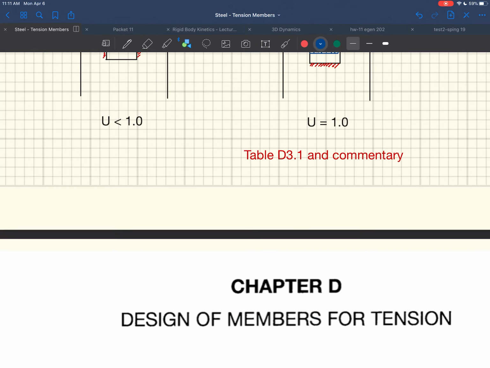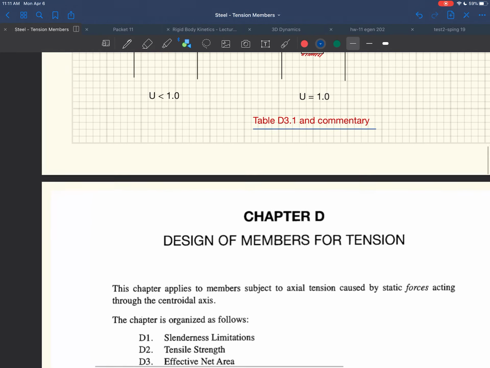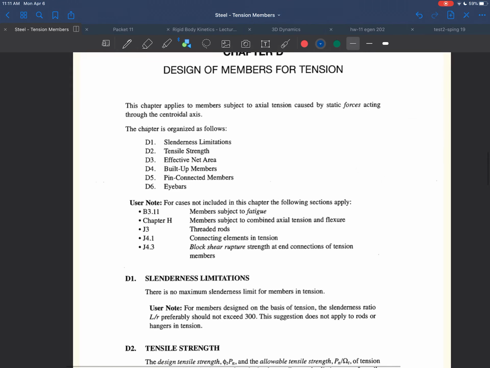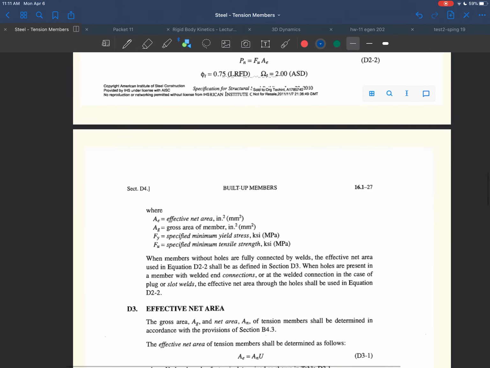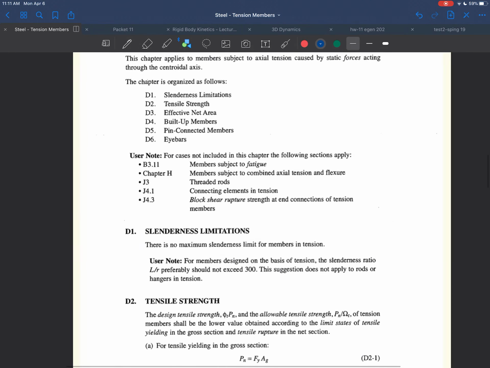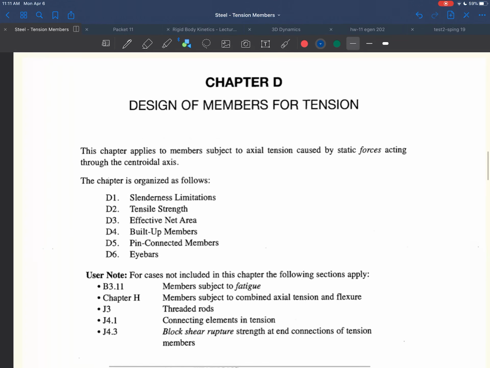The commentary for that section is where you do that. Let's look to see what that section is. Actually, overall we can kind of see what chapter D is about. We'll get down to U in a second. There's that table.